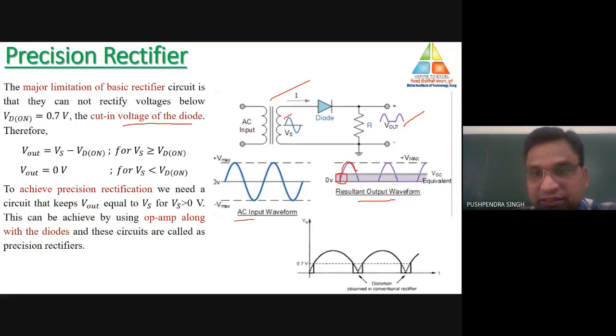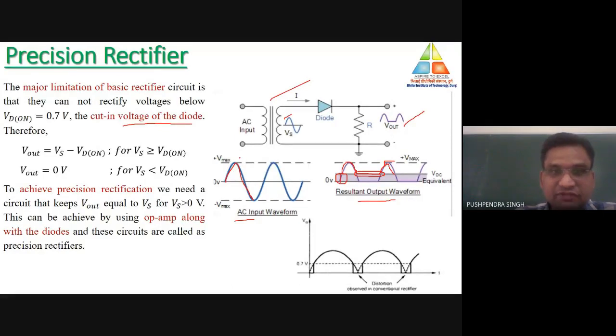And again, suppose that the cut-in voltage is 0.7. When the level of the input voltage is less than 0.7 volt, the output of the rectifier circuit is 0. Now when the signal moves further beyond the cut-in voltage of the diode, again we are getting the output signal. The actual signal varies between 0 to Vmax and then negative Vmax.